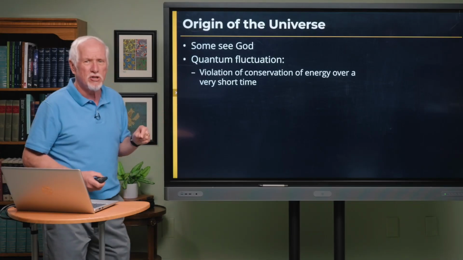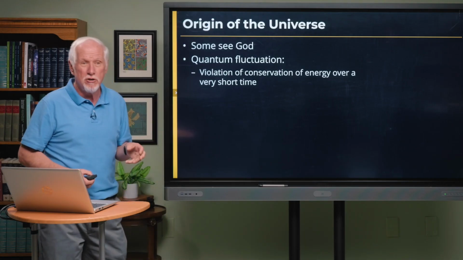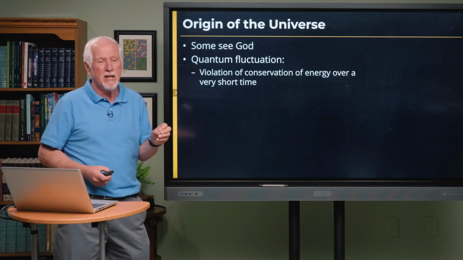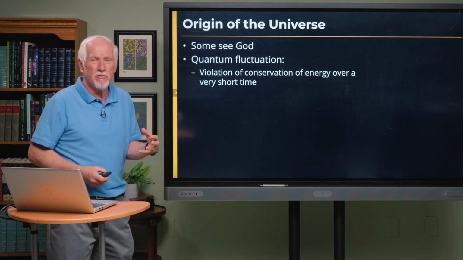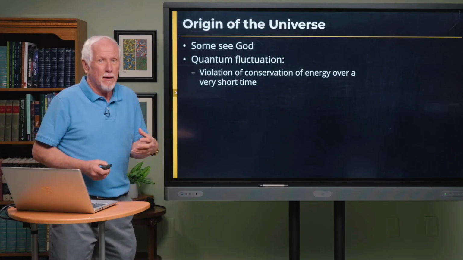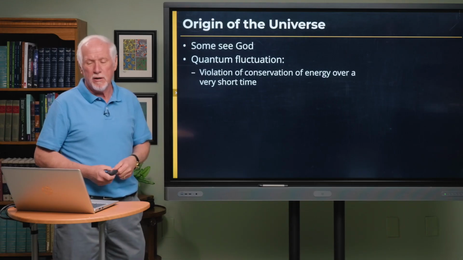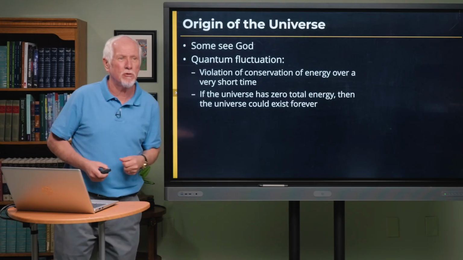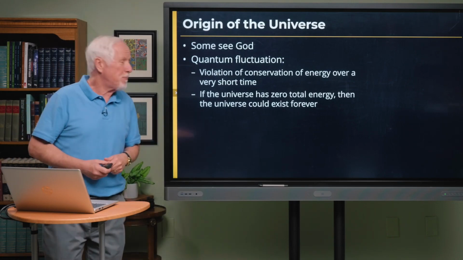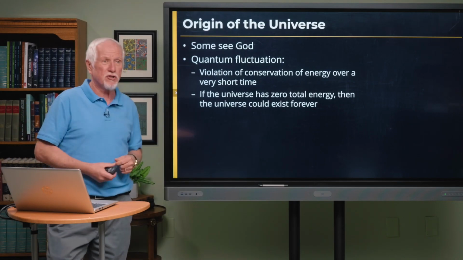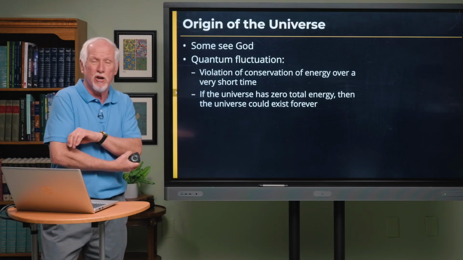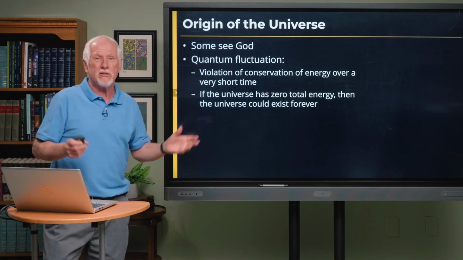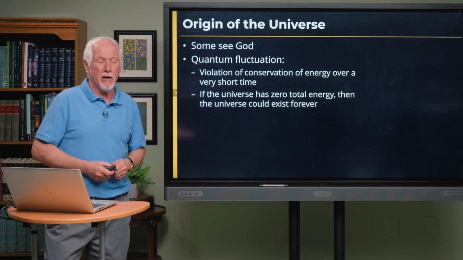As long as the violation is not very large, and as long as it doesn't last very long, you can have slight variations and violations of conservation of energy, but they have to go out of existence from time to time. And they say, well, wait a minute, what if the universe happens to have zero total energy? Then the universe could come into existence in a way that's not inconsistent with the first law of thermodynamics, because there's zero energy, and it could last forever. That is, it can always be there.